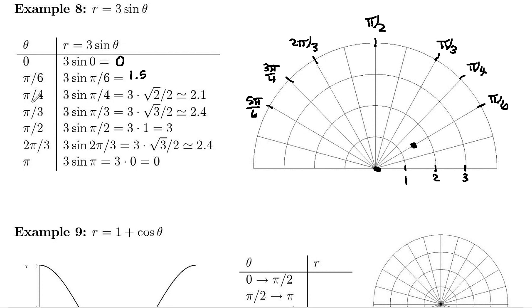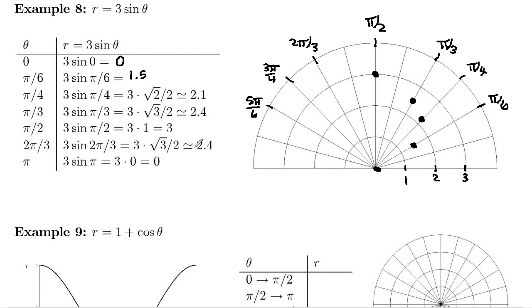Radius 2.1 at pi over 4, so out 2.1 up to pi over 4, about right here. Radius 2.4 at pi over 3, about right there. Radius 3 at pi over 2, so we go out to 3 up to pi over 2, right there.